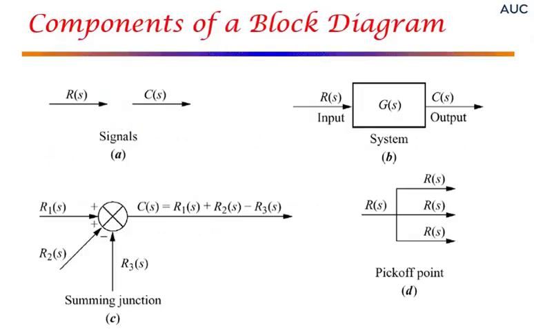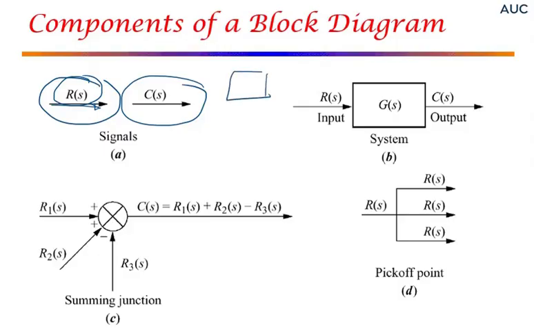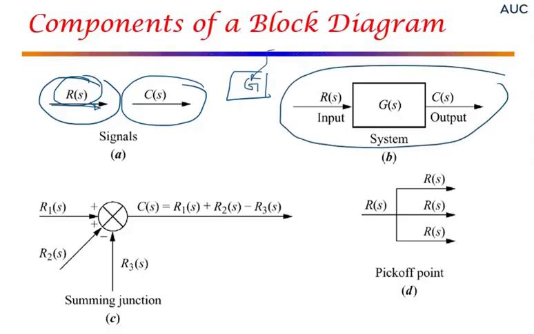So in order to start with block diagrams, we have to see the different components of a block diagram. So the basic component is the signal. And as you know, the signal would be represented by its symbol and direction. Also, we have systems, represented by boxes where the gain could be just a pure gain or a transfer function G. And typically, any system has input and output.